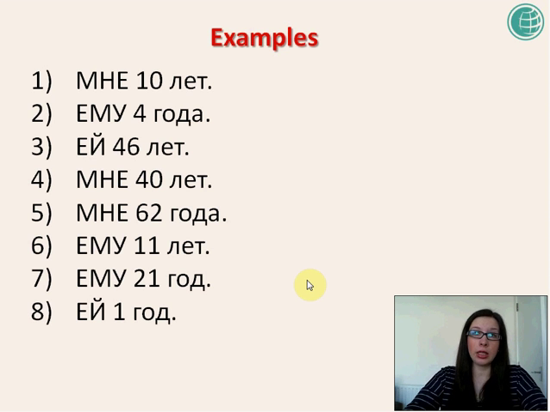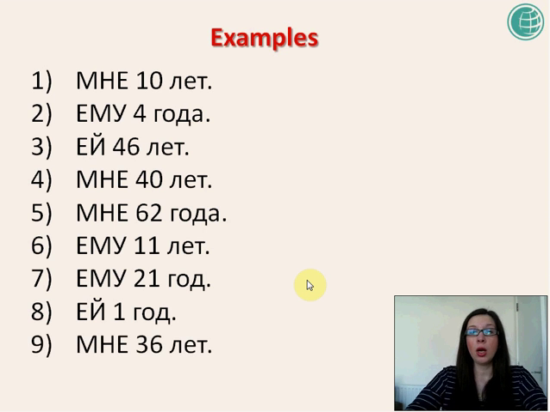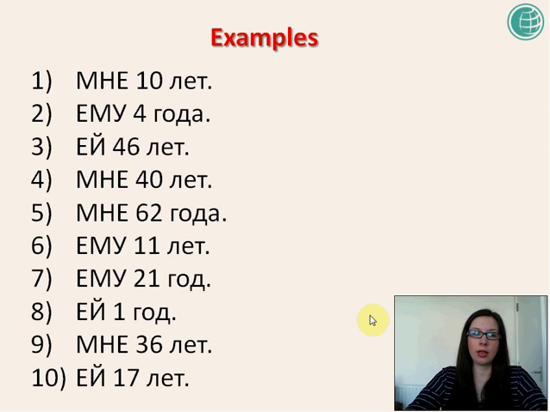У меня есть дочка, ее зовут Катя, ей 1 год. I have a daughter, her name is Katya, and she is 1. Мне 36 лет. I'm 36. Ей 17 лет. She is 17. You remember numbers from 11 to 19, you have to use лет.